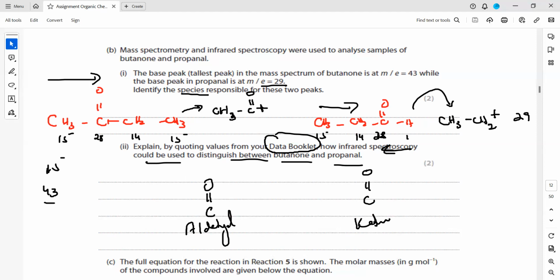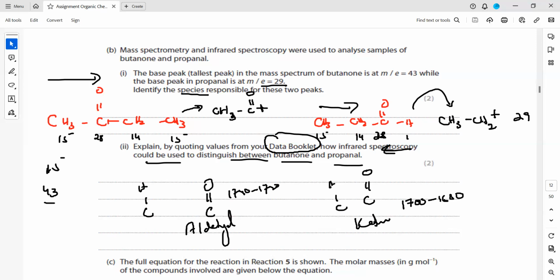From a ketone, it will have 1700 to 1680. For an aldehyde, this peak is 1740 to 1720. And there are also CH peaks.